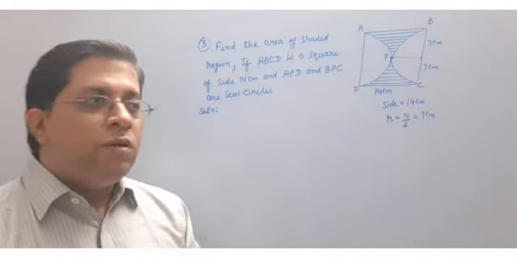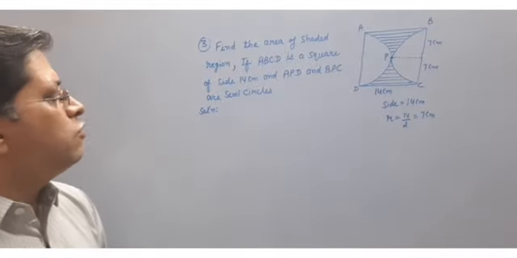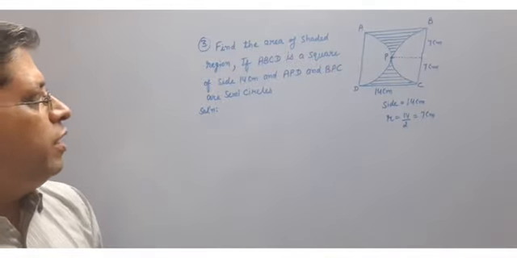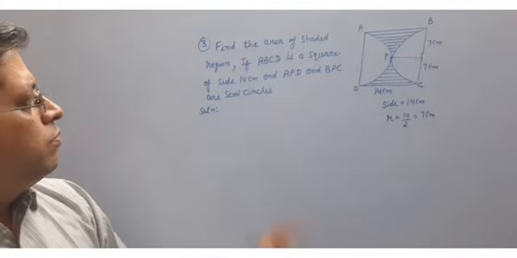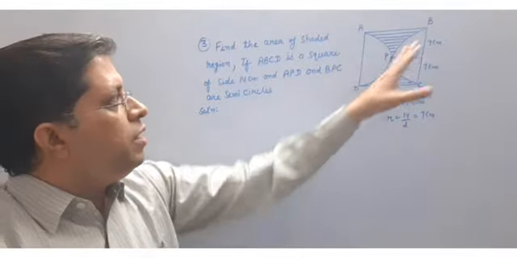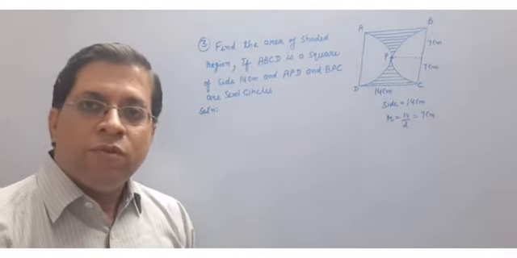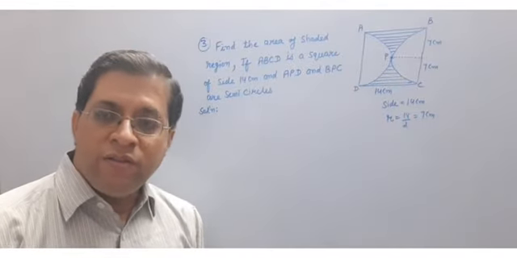Next question is: find the area of the shaded region if ABCD is a square of side 14 centimeter and APD and BPC are semicircles. Two semicircles are there, APD and BPC. So what to do? You have to find the area of the shaded region.